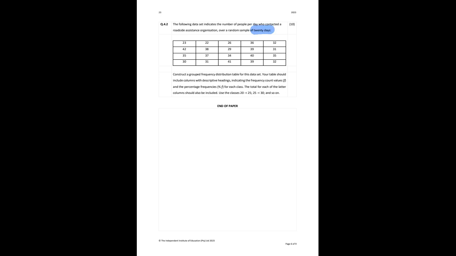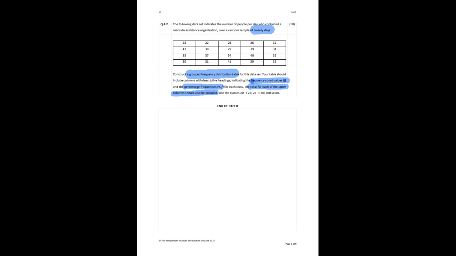And your table should include columns with descriptive headings, indicating the frequency count, your frequencies, your percentage frequencies for each class, and the total for each of the latter columns should be included. Please don't forget about that.